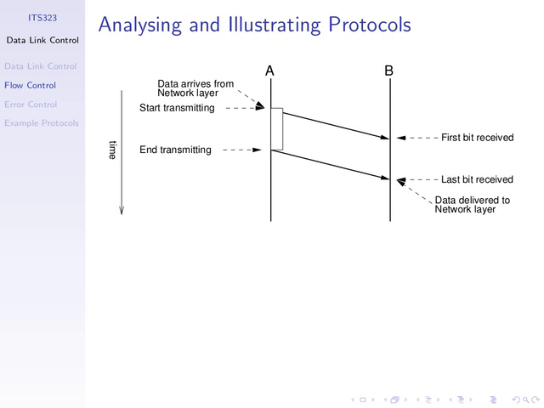So in this example, the first thing that happens from the data link layer's perspective is data arrives from the higher layer. So at this point, data arrives. Assuming that there's no processing delay, in this case, immediately computer A transmits a frame containing that data. And the way we illustrate that is using this rectangle here. This illustrates the time it takes to transmit the frame.